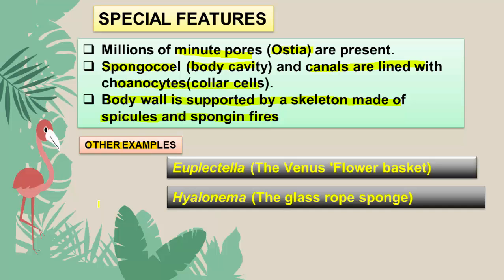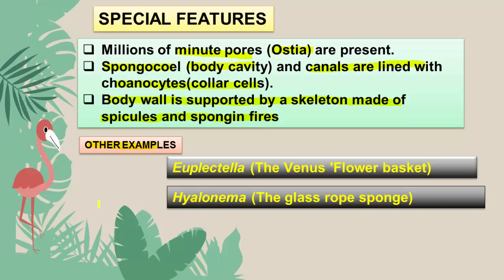The sponges have an internal skeletal system, and that skeletal system is either made up of spicules, which are made up of calcareous material or silica, and the skeletal system may also be made up of spongin fibers. Sometimes the skeletal system is made up of both spicules as well as spongin fibers.